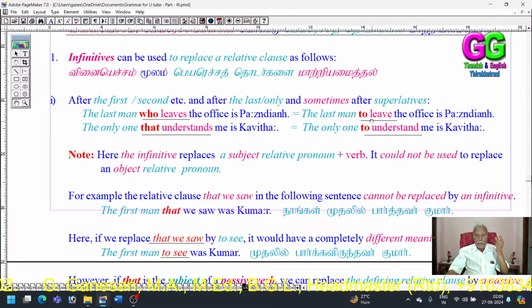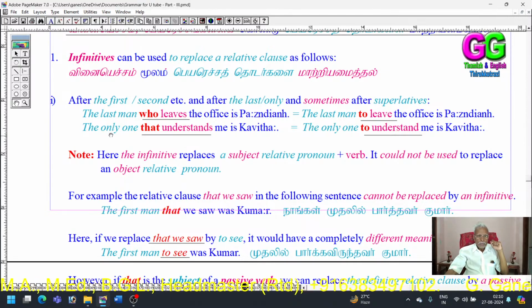"Who" is replaced by "to", and "leaves" is replaced by the plain verb "leave". Whatever the tense of the verb in the relative clause, it should be brought to the plain present verb. So "who leaves" has been replaced by "to leave". Other things are as they are.